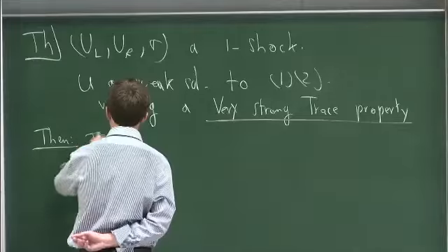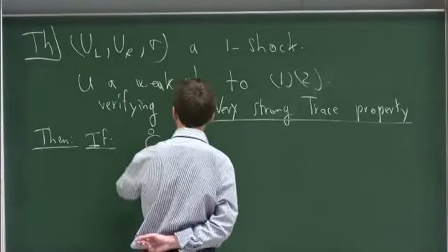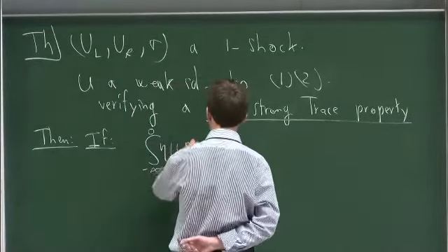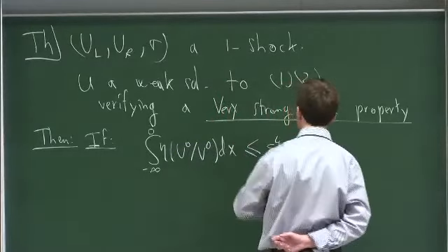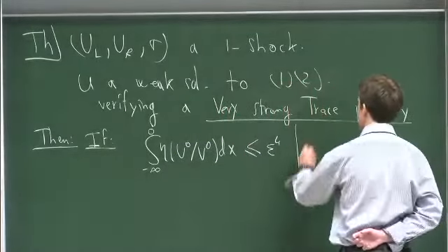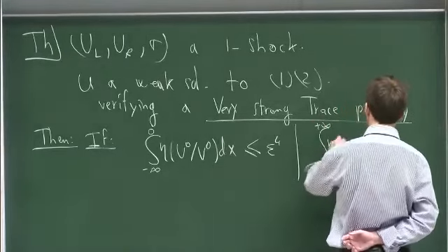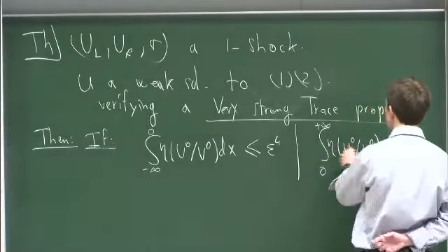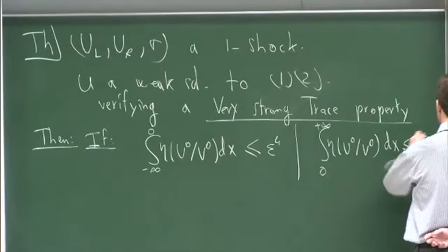Then if at t equals 0, you have both the integral from minus infinity to 0 of eta of u0, v0 dx, which is smaller than, let's say, epsilon 4, and the integral from 0 to plus infinity of eta of u0, v0, where u0 and v0 are the initial values, dx, which are of order epsilon.